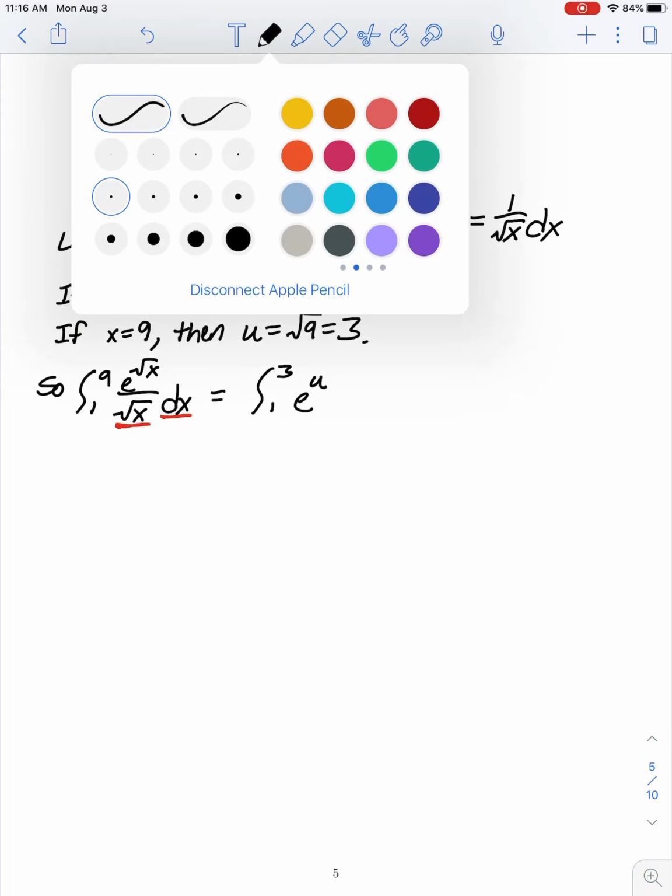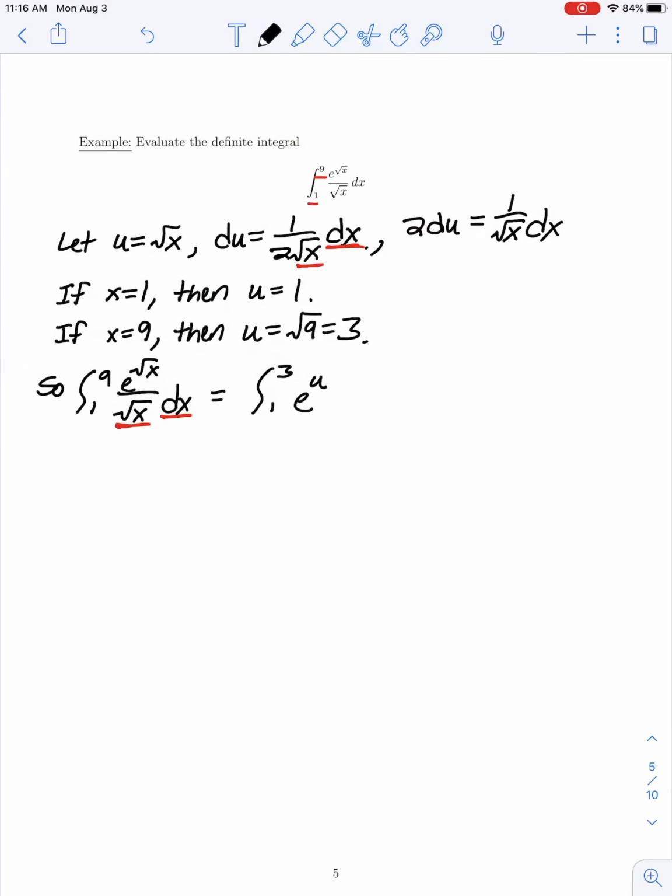So my dx divided by root x becomes 2 du, and I can pull the constant 2 out in front of my integral. So now I have 2 times this definite integral, and for e to the u, we know what an antiderivative is. It would be its own antiderivative, namely e to the u.